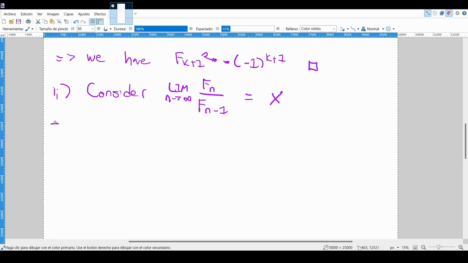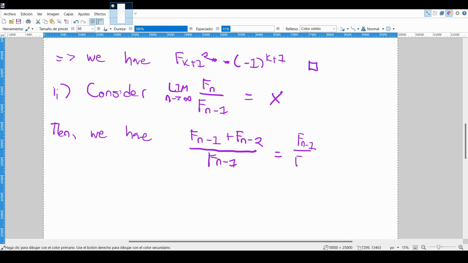Then we can say that because of how the Fibonacci sequence is defined, we have fn minus 1 plus fn minus 2, this is just fn, divided by fn minus 1, which if we separate these parts of the numerator here, we'll have fn minus 1 over fn minus 1 plus fn minus 2 over fn minus 1, which just equals 1 plus fn minus 2 over fn minus 1.